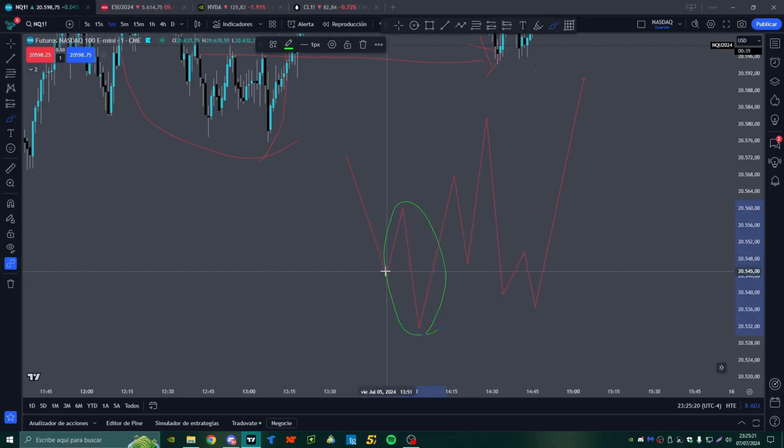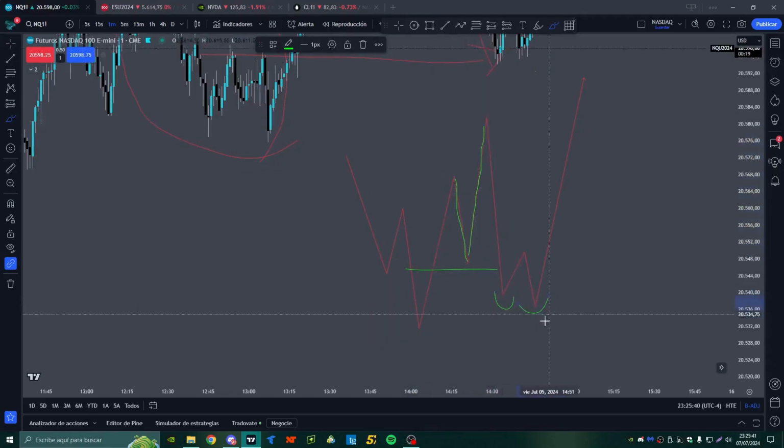This last move before taking out the previous one here, this is our flip area, right? So we take that area, the price returns to the area and gives the first quick trade, then it comes back and forms the double bottom.